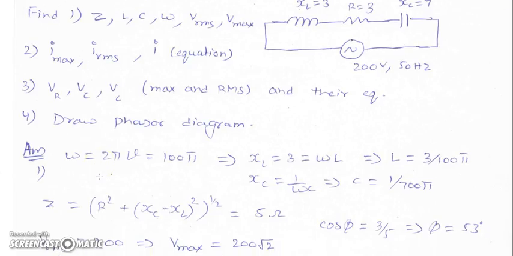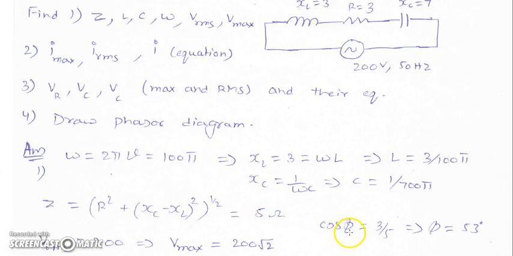And Z is given by root of R squared plus the difference of reactances squared. This result is derived from the Pythagoras theorem using the impedance triangle. You must have watched the earlier video of alternating current before watching this. So it will be 5 ohm.